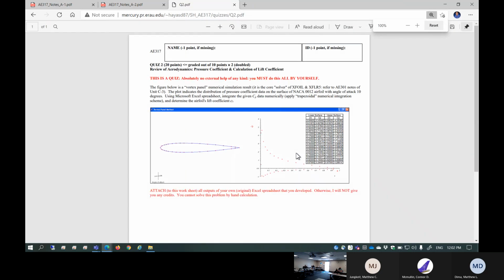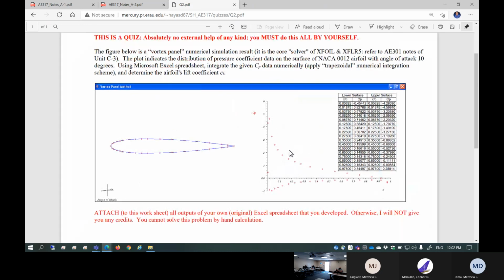In other words, this is a very basic mechanism of how the panel method actually computes the lift coefficient for a given cross section. Since you guys start using the software Xfoil/Xflyer5, actually you don't use Xfoil. Xflyer5 uses Xfoil as a core component, as a batch processing. But taking a look at Xfoil actually helps you to get started.